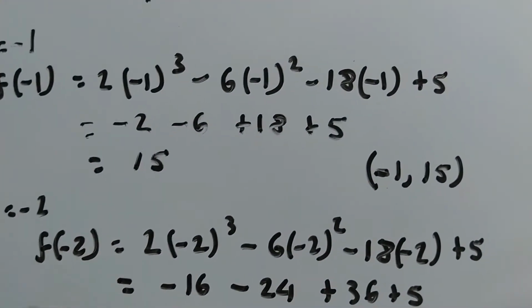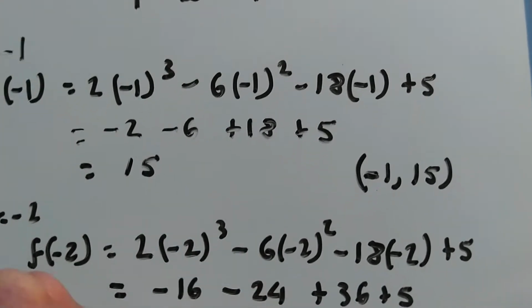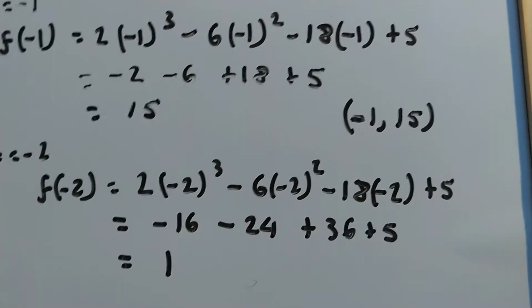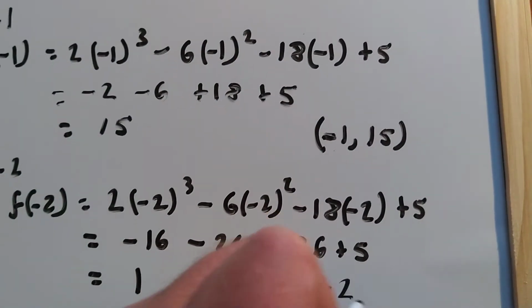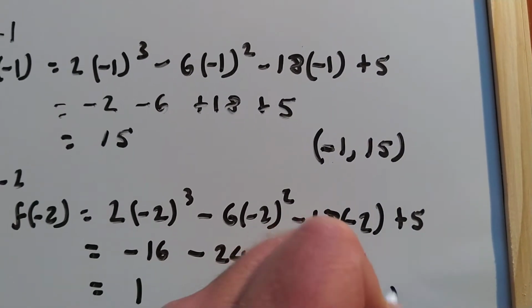So f of negative 2 works out to be 1. And again, I don't need to, but if I wrote it down, that's an endpoint of negative 2, 1.